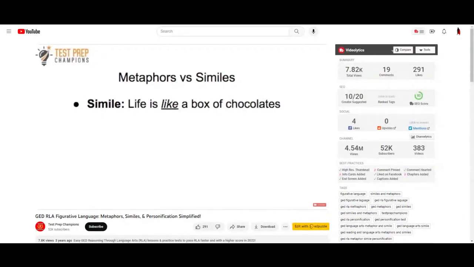So again, a simile is a comparison that uses like or as. We could also change the quote up a little bit, and we could say life is a box of chocolates. That would be a metaphor. So again, in the metaphor example, we're comparing life again to a box of chocolates, but we're not using like or as. Hopefully you can see the difference between a simile and a metaphor.